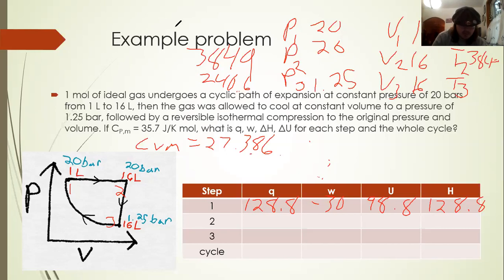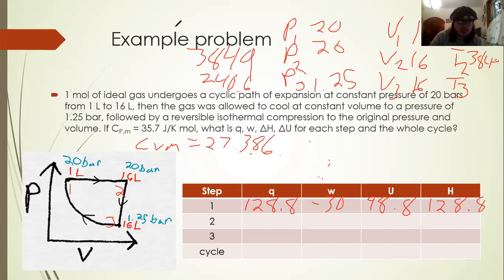What do I get? Divided by 1,000, I get 98.8. I get the same value doing a shorter step than I did when having to add Q plus W. I get the same value.